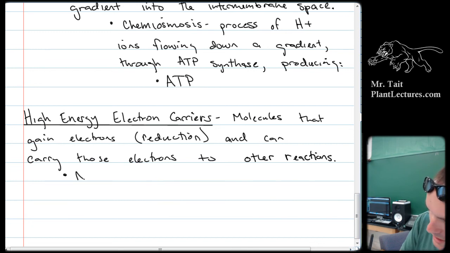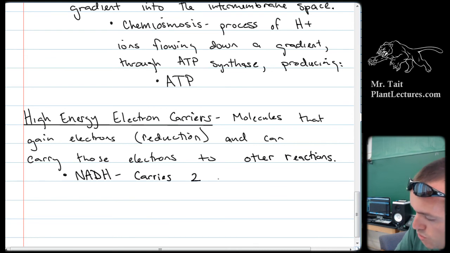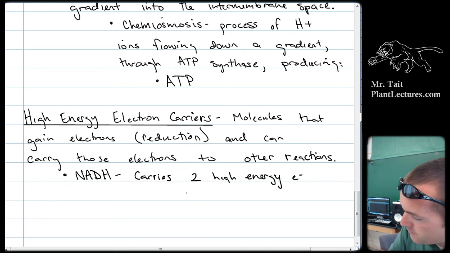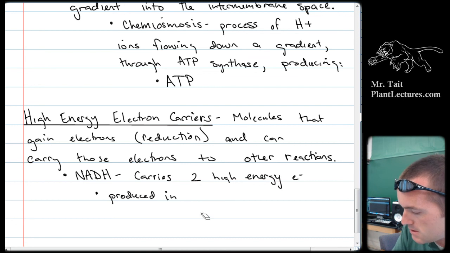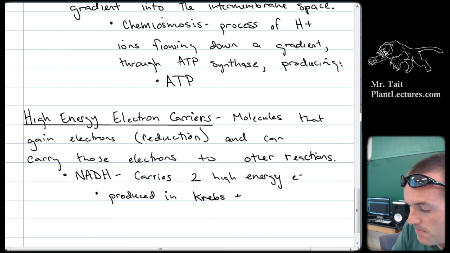So, you got NADH. That carries 2 high energy electrons. And it's produced in Krebs and glycolysis. So those are both in cellular respiration.